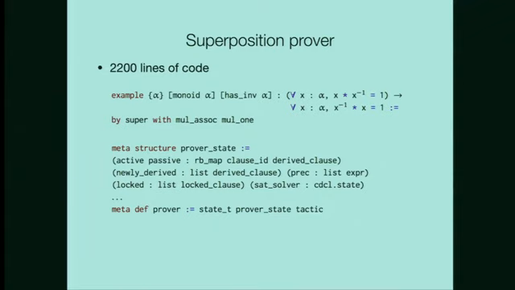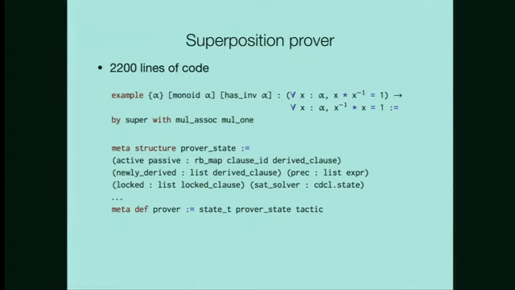Now I'm going to show several pieces of automation that were implemented in Lean itself. The first one is a superposition theorem prover. It's like 2,200 lines of code. Gabriel implemented this superposition prover. And with it, you can do things like this. You have this example here. You're trying to prove this property about monoids that have an inverse.